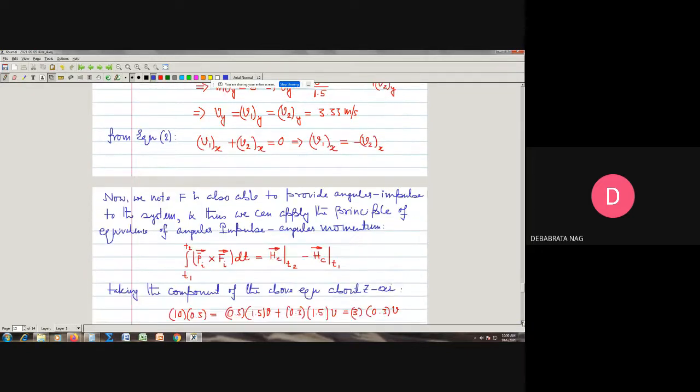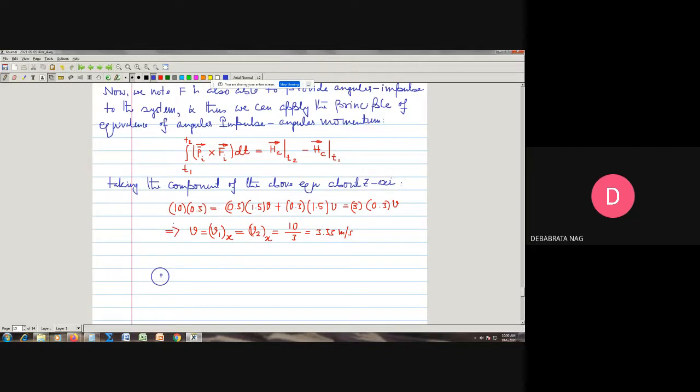It is 3.33 meter per second, that is the y component velocity, and we do have the x component velocity also, that is 3.33 meter per second.